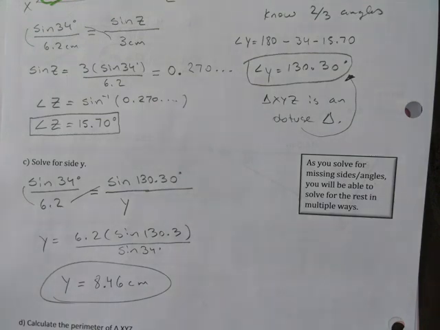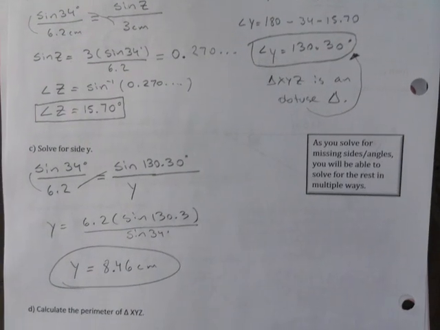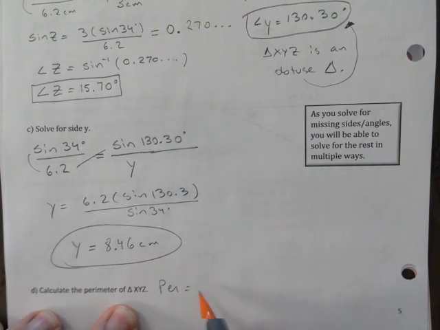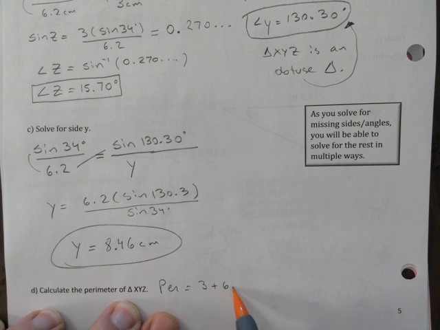D, you know what perimeter is, right? I hope. Perimeter is just the distance around, so if I ever ask you for that, So that's 9.2. 17.66.